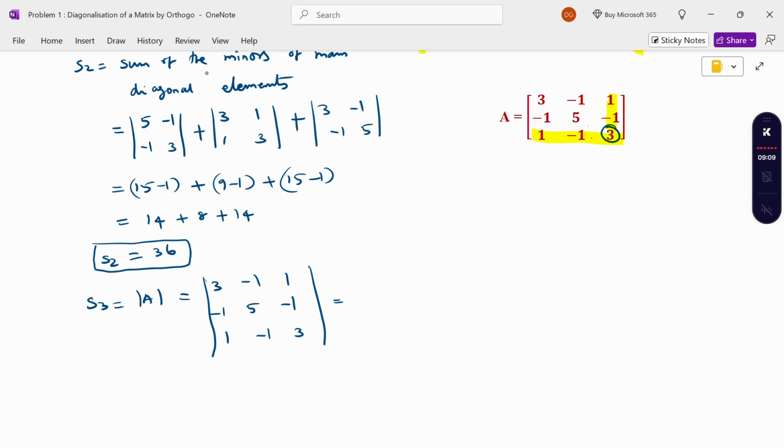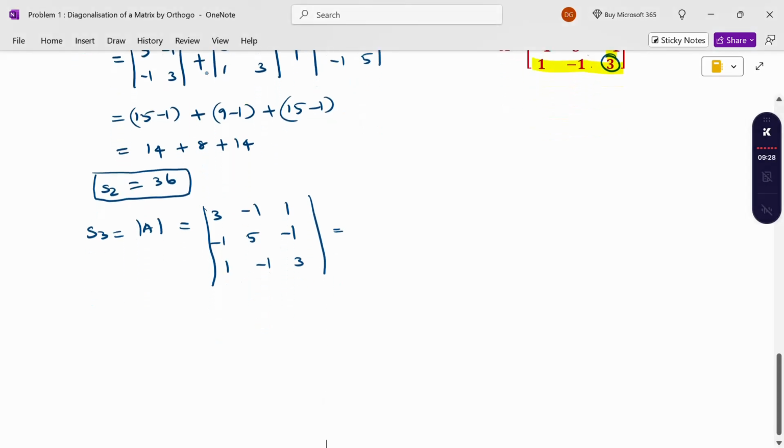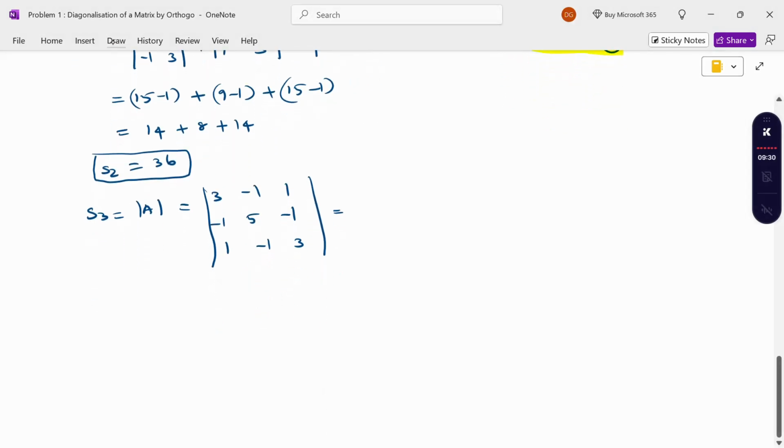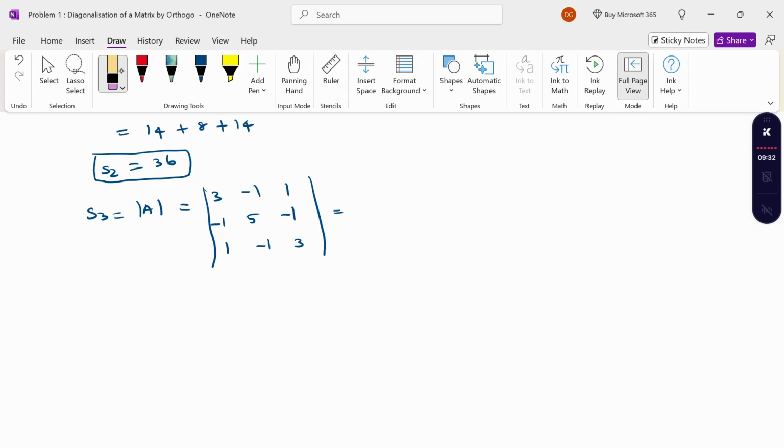When we use the calculator, the determinant value S3 is 36. If you are solving manually, I'll show the manual method, or if you are using a calculator, that is also fine. Very simple steps to solve this.